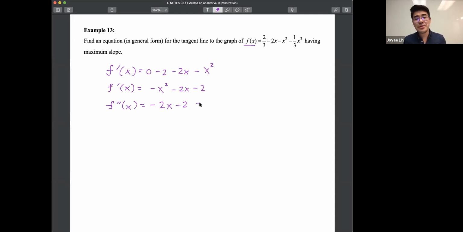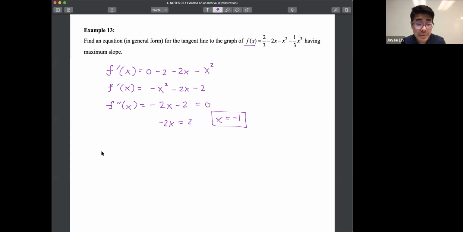So we set it equal to 0. What do we get? Negative 2x is equal to 2, x is equal to negative 1. But you can't just stop there. We need to show that it's a maximum.